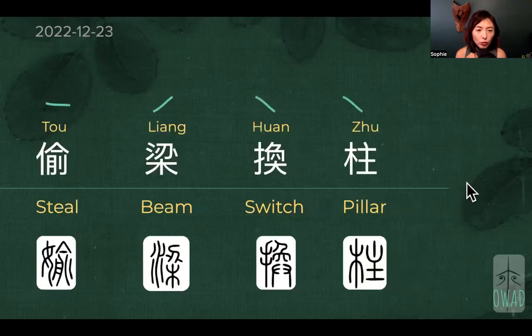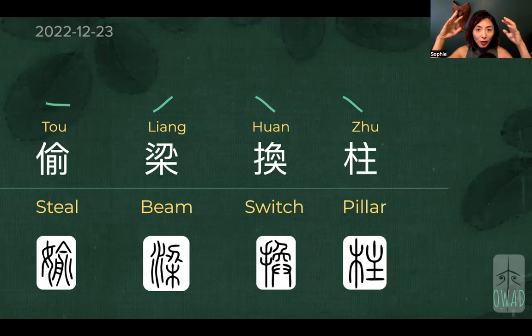Okay, today we have 偷梁换柱. 梁 and 柱 are parts of the building structure. 梁 is a horizontal beam and 柱 is the pillar. I don't really know much about architecture, but enough to know that 梁 is the horizontal line that holds up the roof, and 柱 is the pillar that 梁 has to sit on so that things don't fall on you.